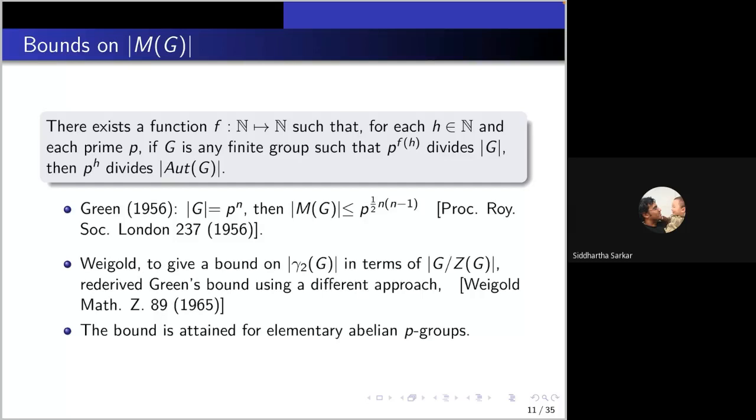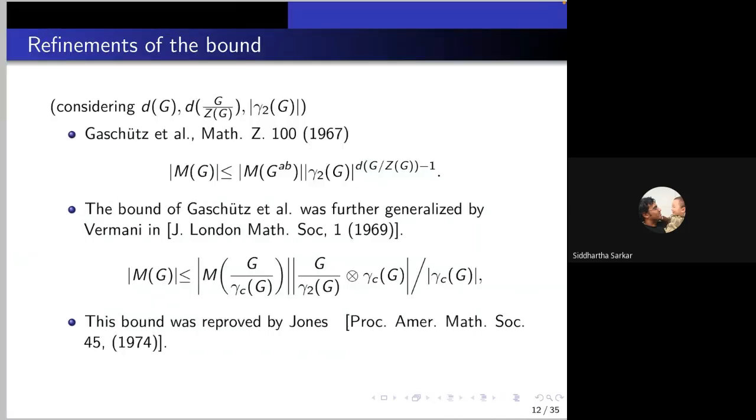Since the bound is attained, we can't say that they were improved, but they were of course refined later, considering different terms such as the number of generators of G, which we shall denote by d(G), or the minimal number of generators of the central quotient, or the order of the derived subgroup.